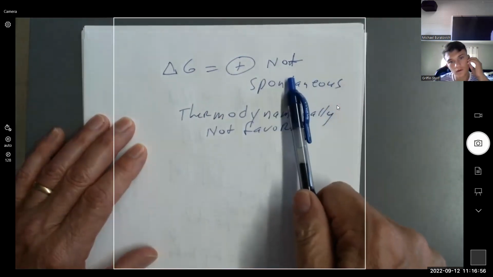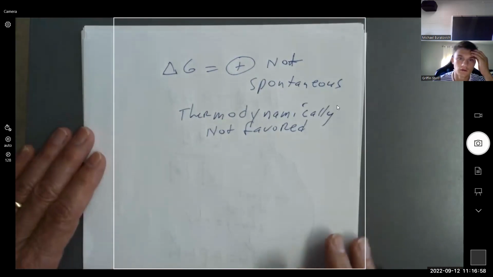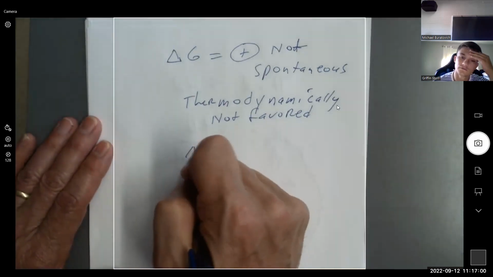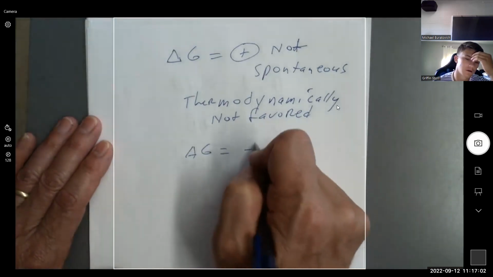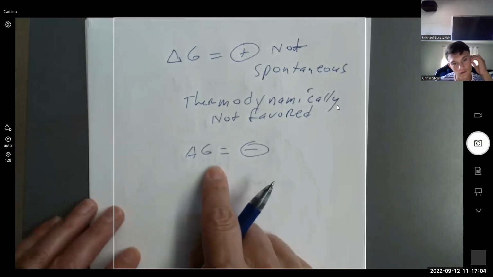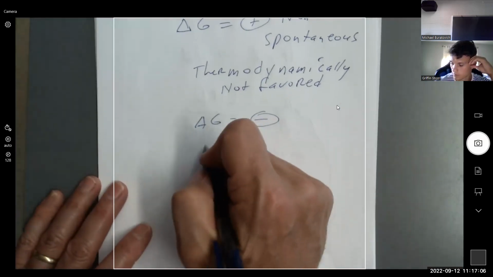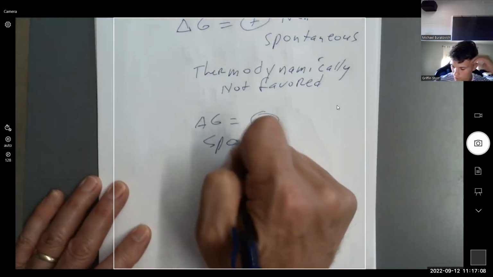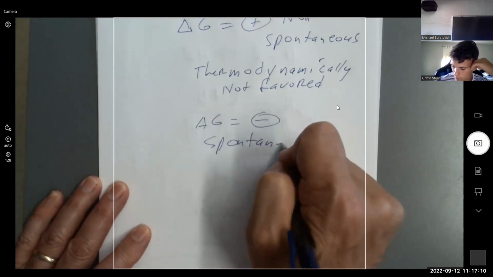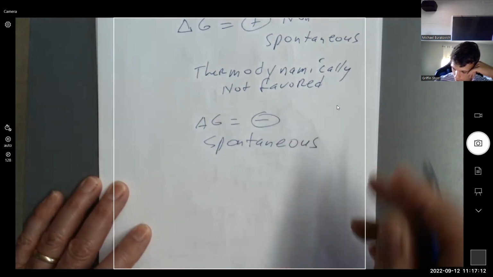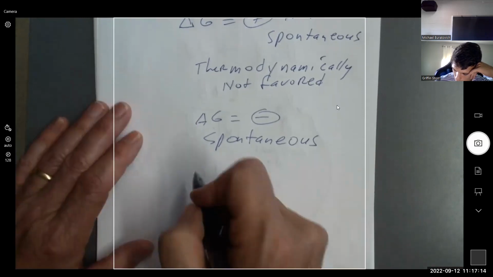For this type of reaction to go, you'll have to put a lot of energy into it. Some reactions have a delta G of reaction that's negative, and these are spontaneous. And so these are thermodynamically favored.